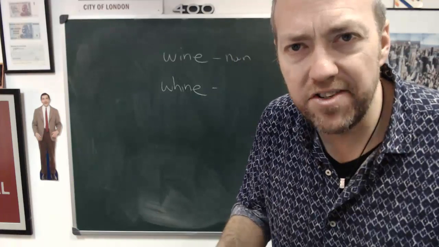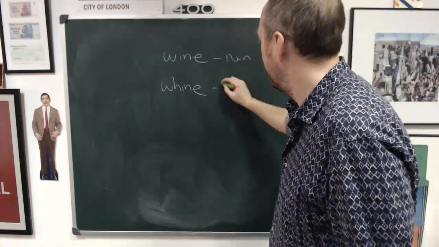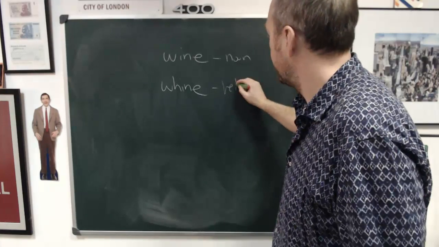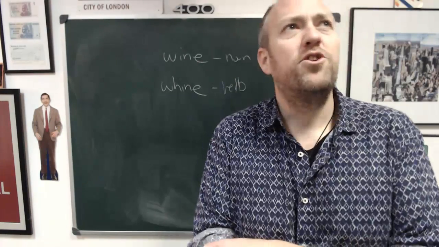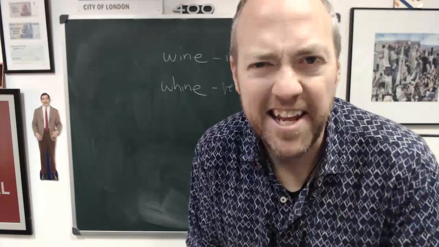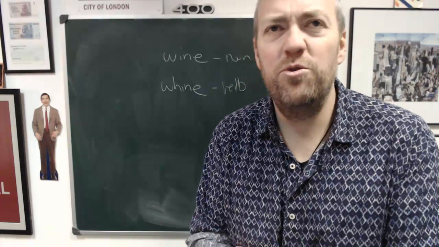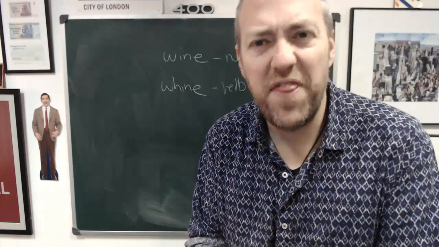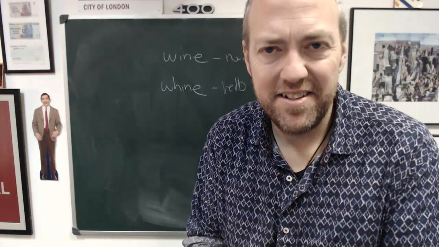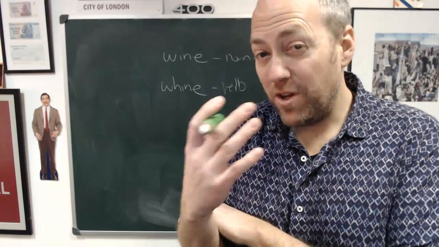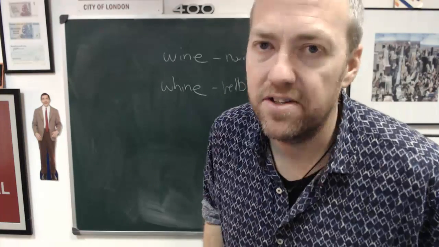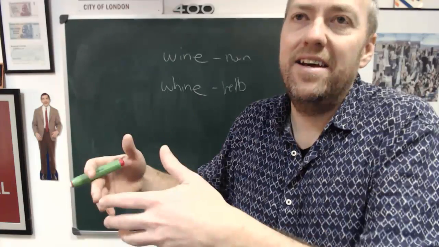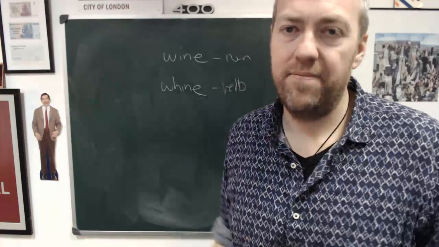But whine is a verb. It means to complain, to say that things are bad. And also it indicates that you complain a lot and you complain for a long time.